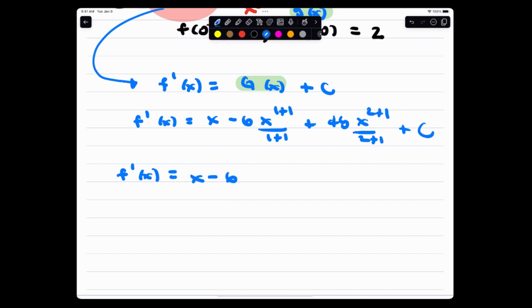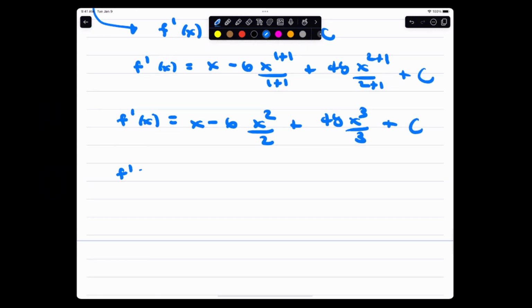Let's do some arithmetic. Okay, let's see what this is. This is f prime. We have what? x minus 3x squared plus 16x cubed plus c. Okay, so double check, because we went from a second derivative now to a first derivative.